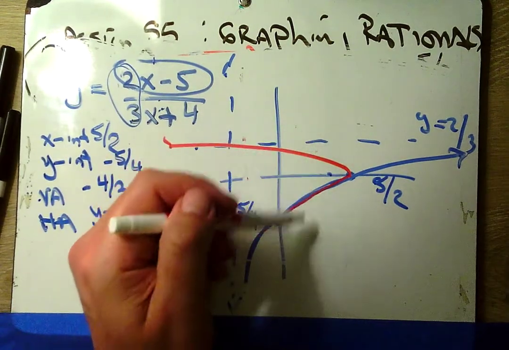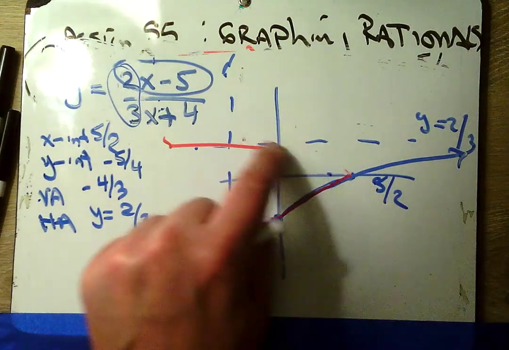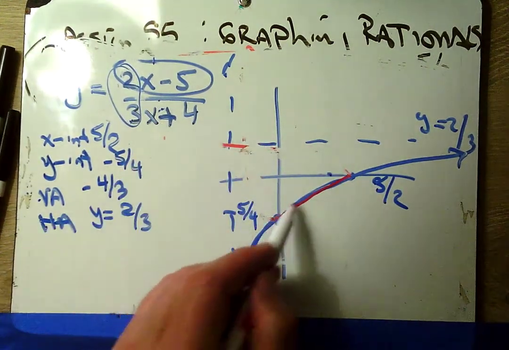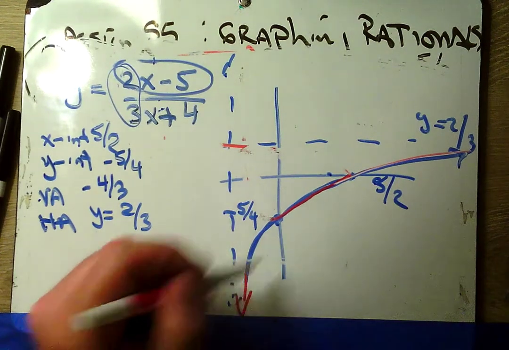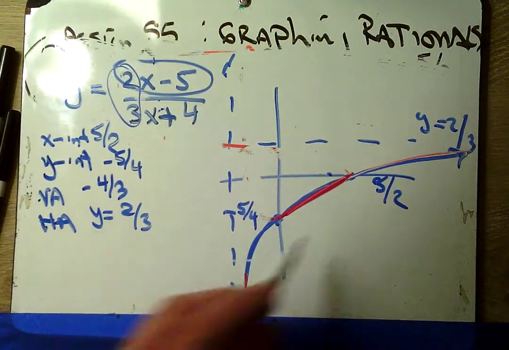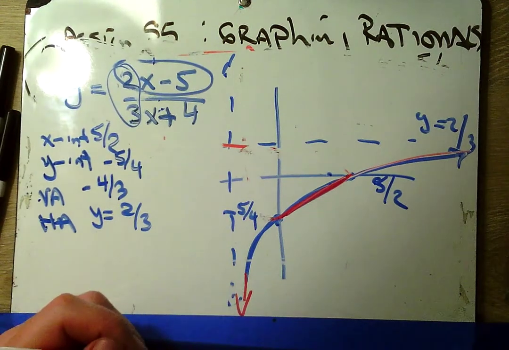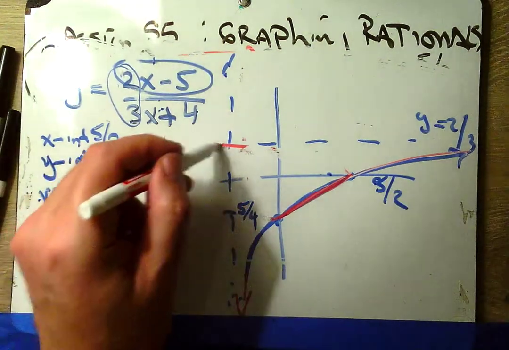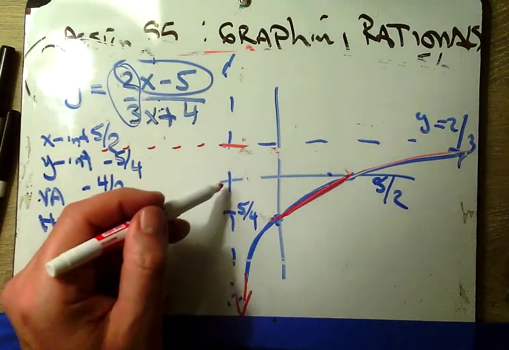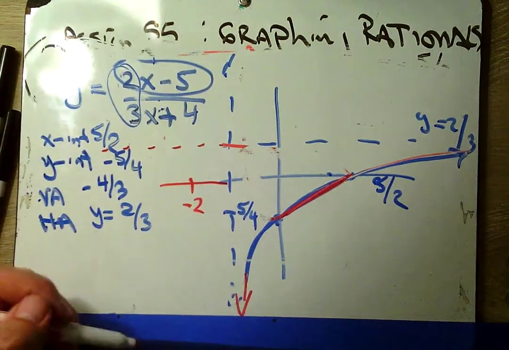No, because then I fail the vertical line test and I'm not a function anymore. So I have to be going this way, and I have to be going this way as a way of extending that connection between the things I know. Okay? Now, that's step 5 where we graph everything we know. And then finally, step 6 was that place where we said, okay, let's test a point.